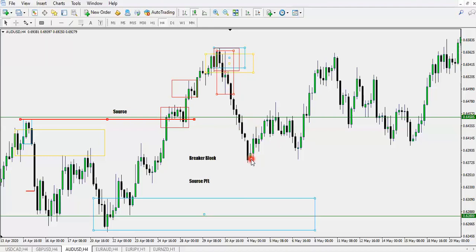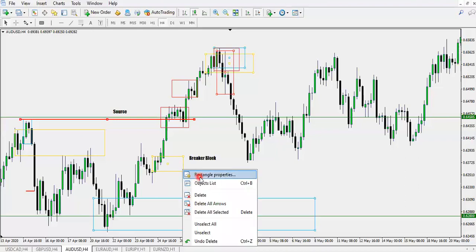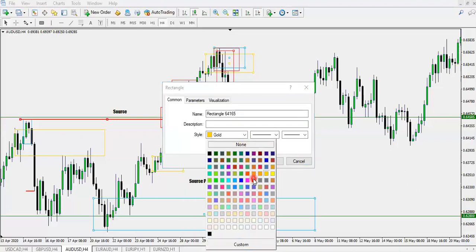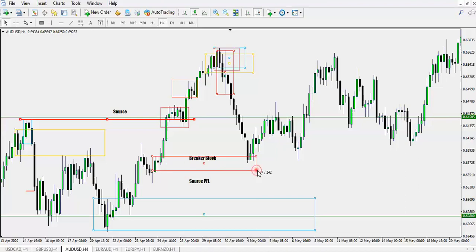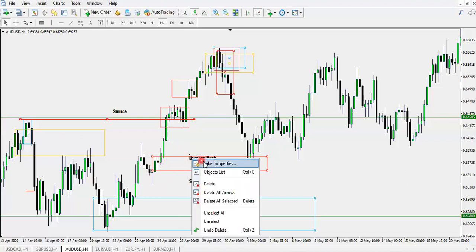And basically we can see that when price bounced over here, where did it bounce from? An order block. So this is an order block over here. And you can see price hadn't come down to this order block, so it hadn't been tested.